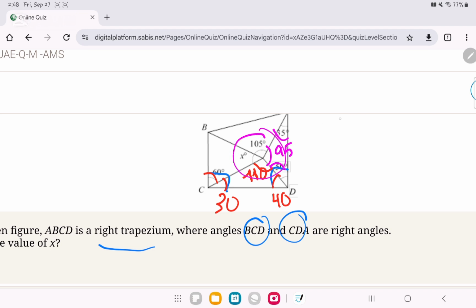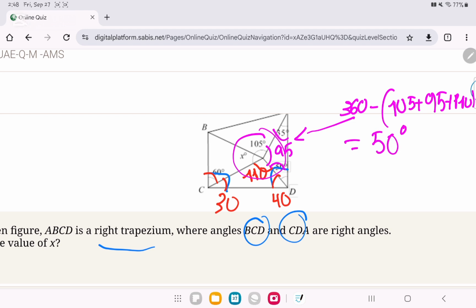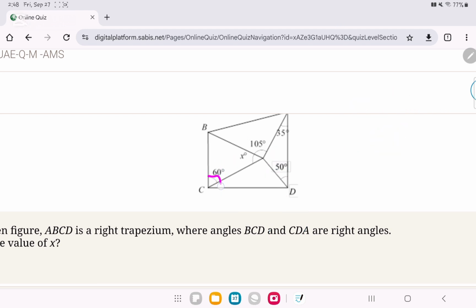So now this makes a circle, and we know in a circle the angles are 360. So 360 minus (105 plus 95 plus 110) is going to be 50 degrees. Again, I will repeat, this is 90 and this is 90, it's given. So if this is 60, then this is 30.